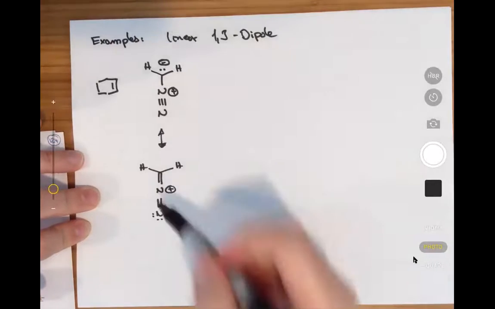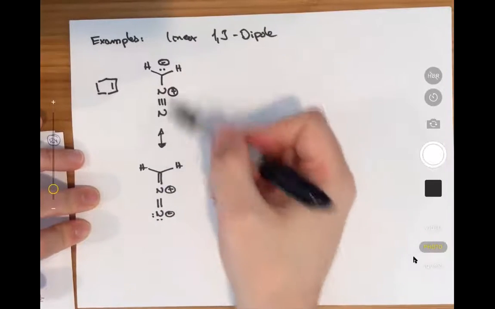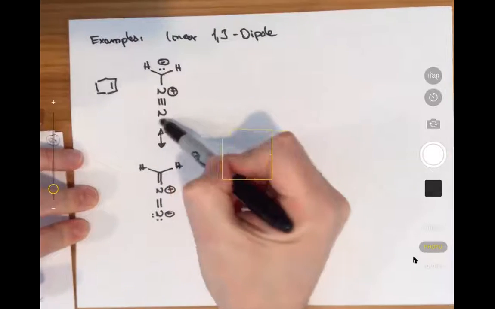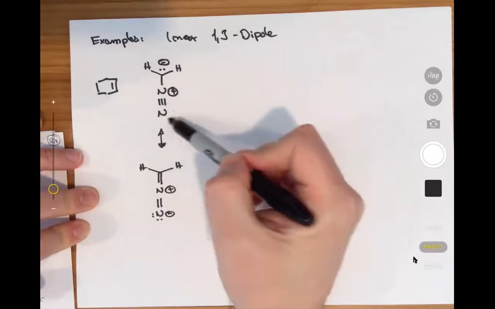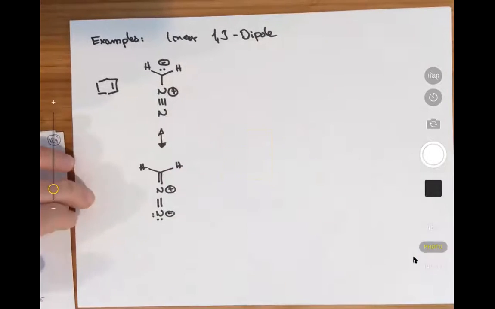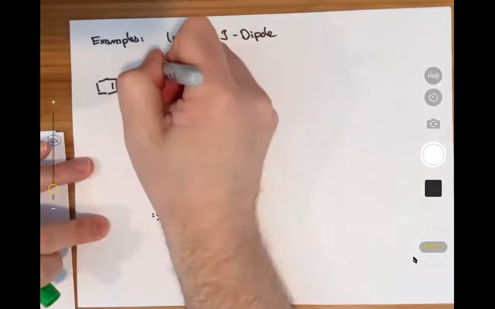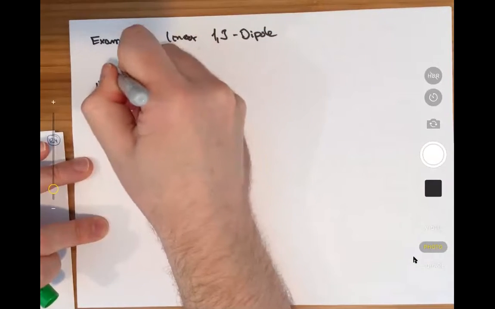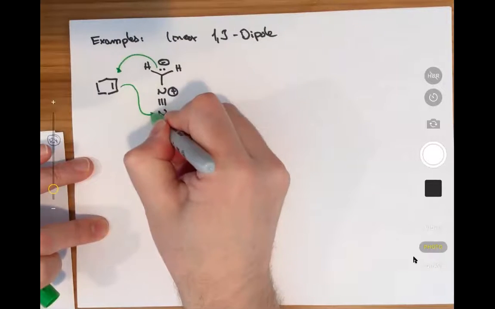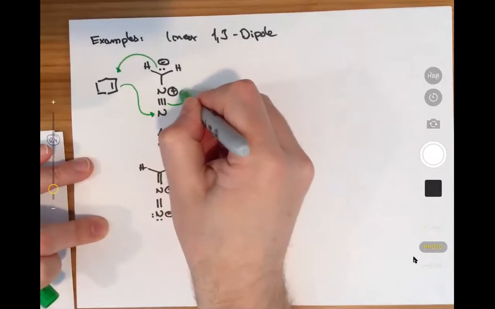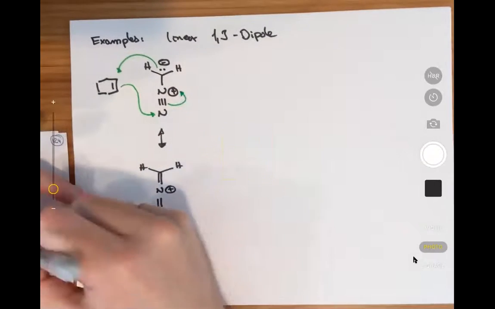Right? So these are basically just resonance structures of each other, but this is the structure that resembles the previous standard example that I showed you the closest. So again, you could take the electrons from this side, react them with this carbon atom, take these electrons and react them with this nitrogen, and take these electrons and move them in here.